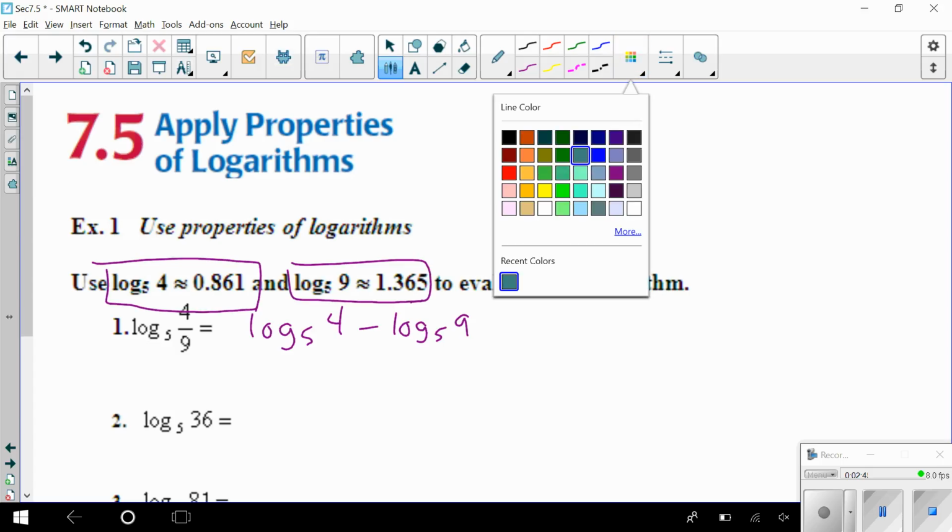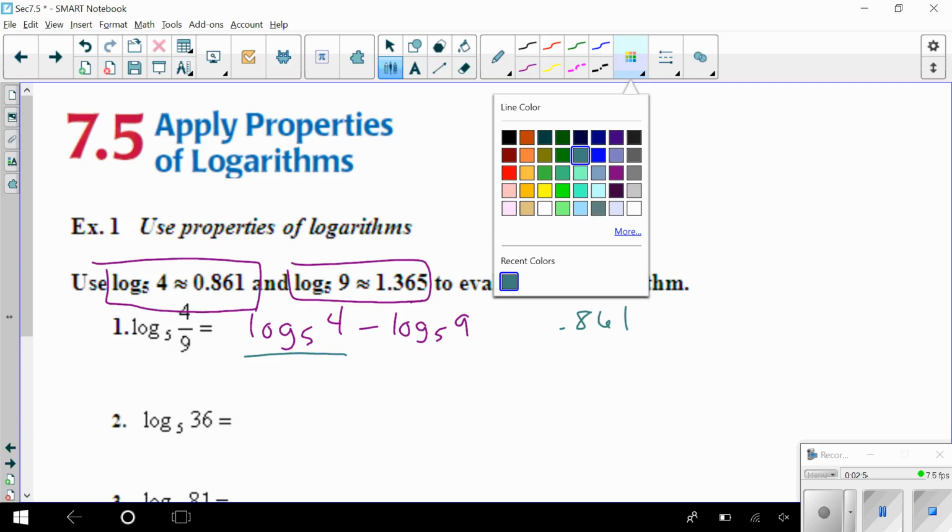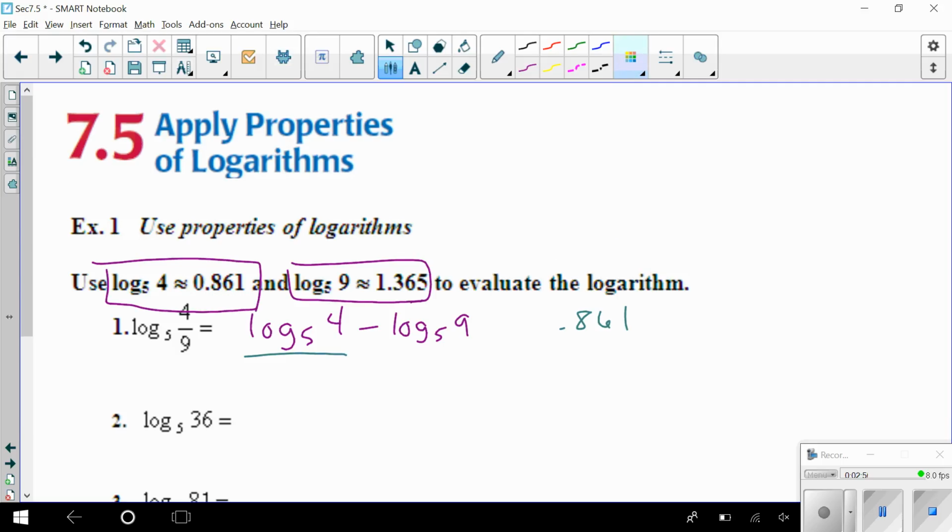And now we know that log base 5 of 4 is equal to about 0.861, and log base 5 of 9 is equal to about 1.365. So the difference between those two is about negative 0.504.